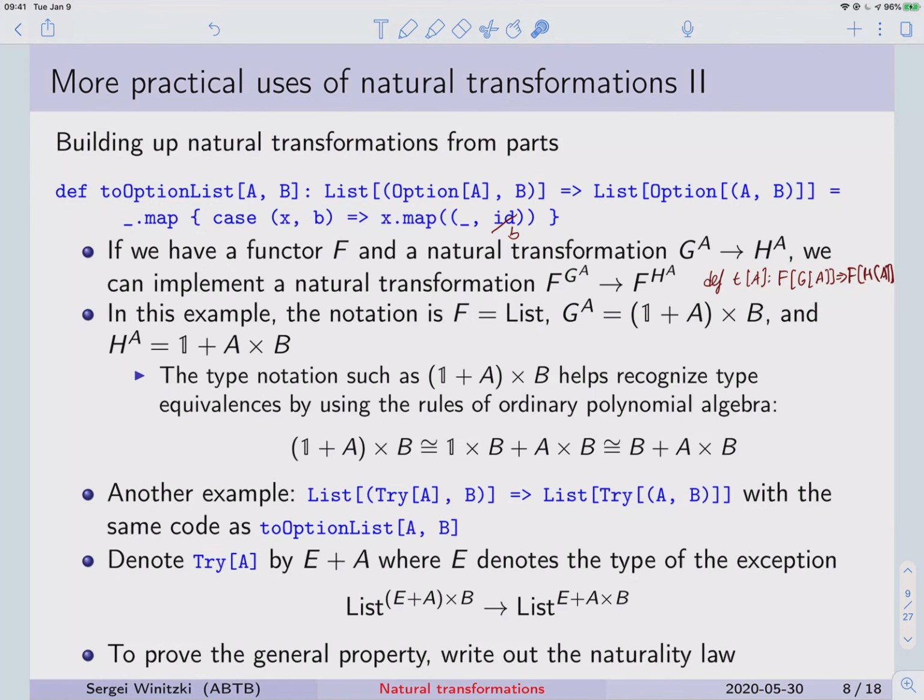Another example would be to have a list of the pair of trie of a and b, which we want to transform into this. We can just use the same code because trie also has the map method, just like option does. And we can check that this is a natural transformation. To ensure that this is so, we first write it in a type notation where the trie is e plus a, where e is the type of the exceptions.